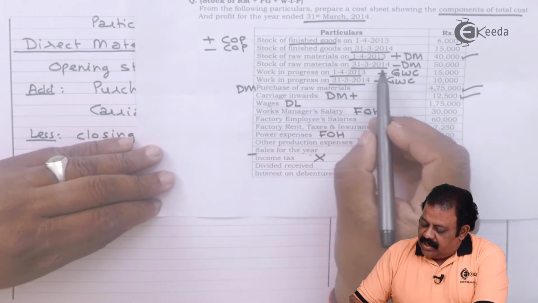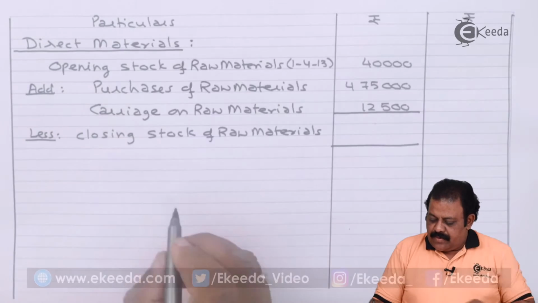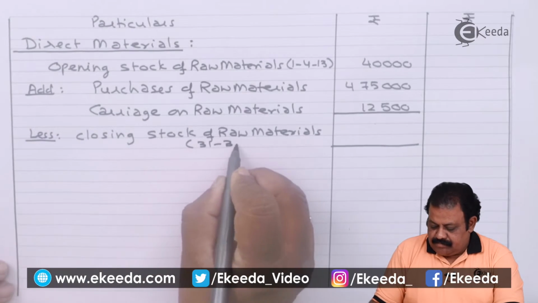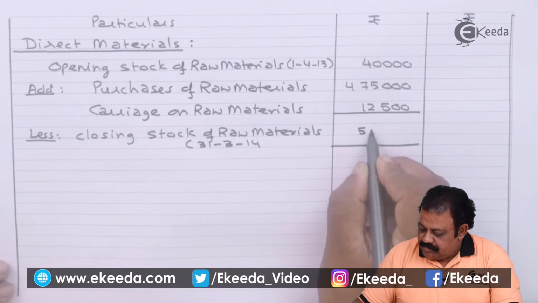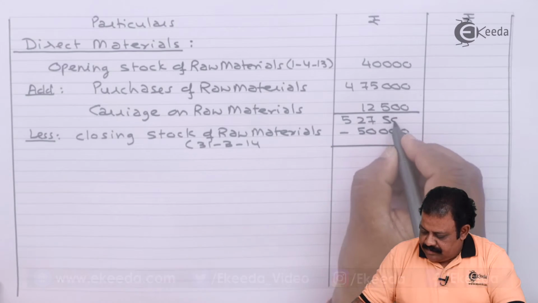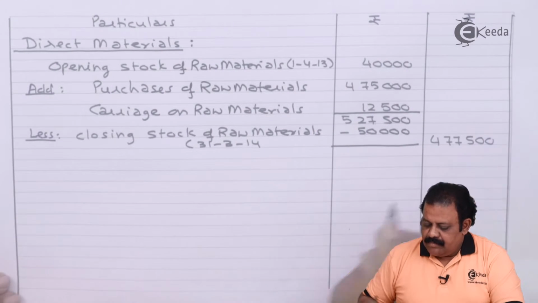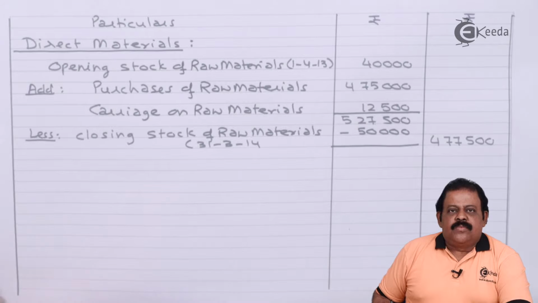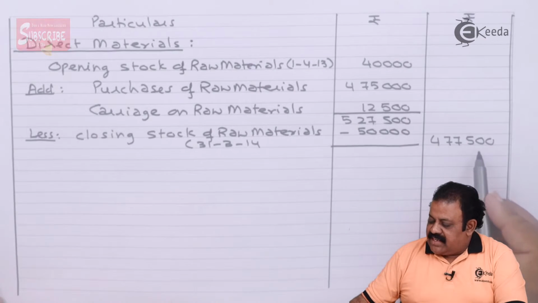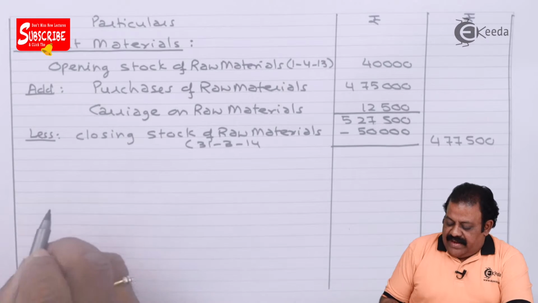Closing stock of raw material as on 31st March 2014 rupees 50,000. So direct material consumed we have 4,77,500.